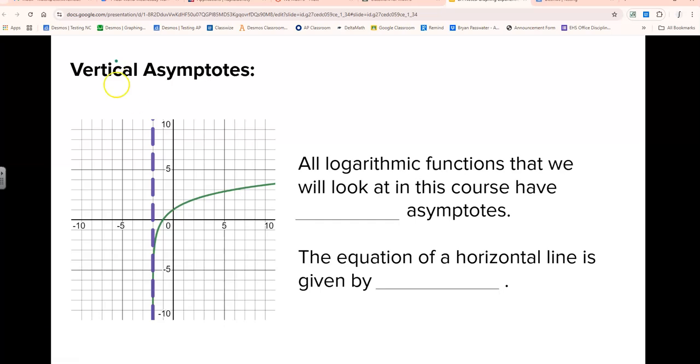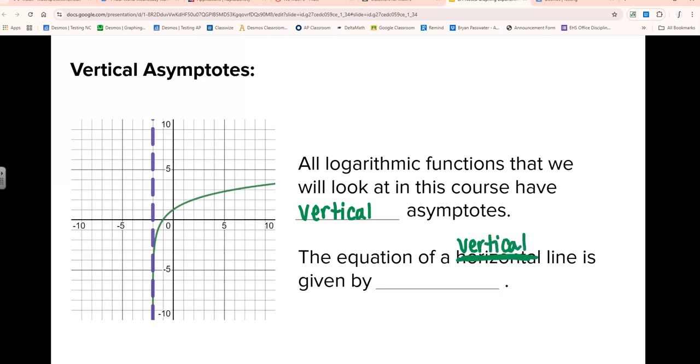All right, these are going to have vertical asymptotes. We've already talked about asymptotes. All log functions that we will look at in this course have vertical asymptotes. Sometimes it's a little hard to see from the graph, but they always have vertical asymptotes. That should say vertical right there, not horizontal. It's a typo.